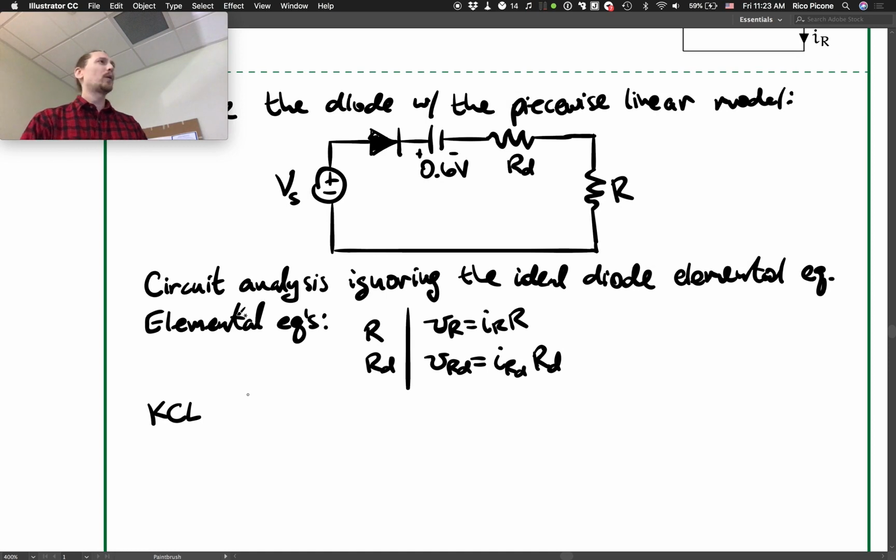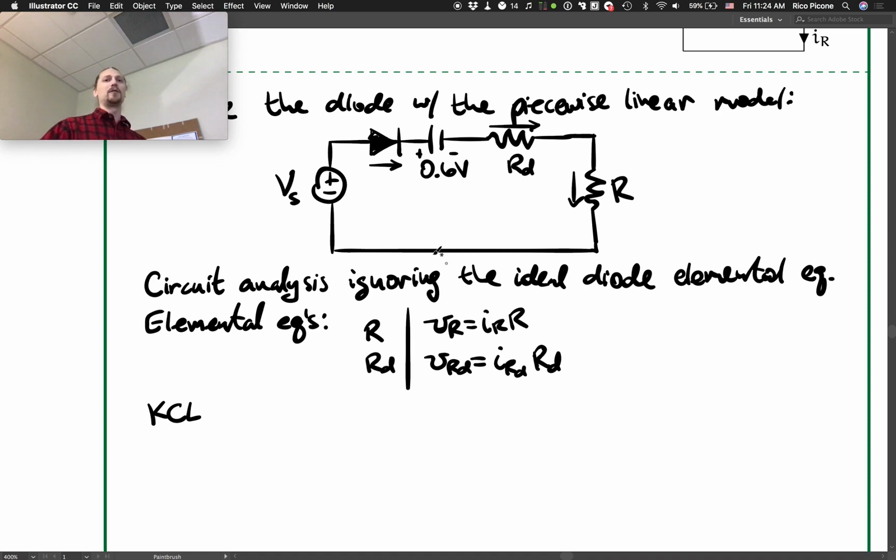And I think at this point we're probably pretty comfortable just saying, okay, everything in series has the same current, right? As long as we draw our signs the same way. So if we draw our signs all dropping that way on our elements, then all those currents are equal to each other.